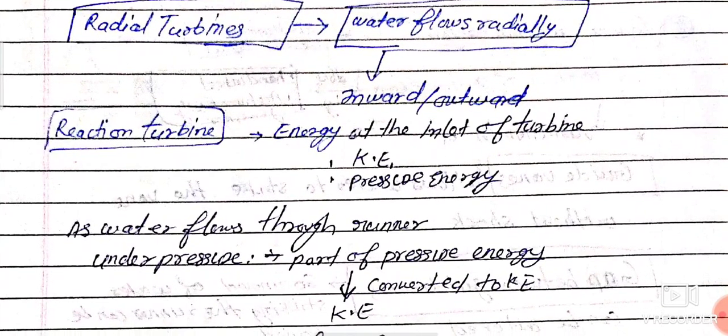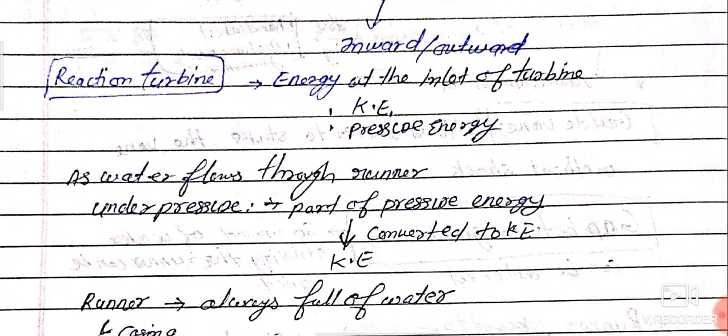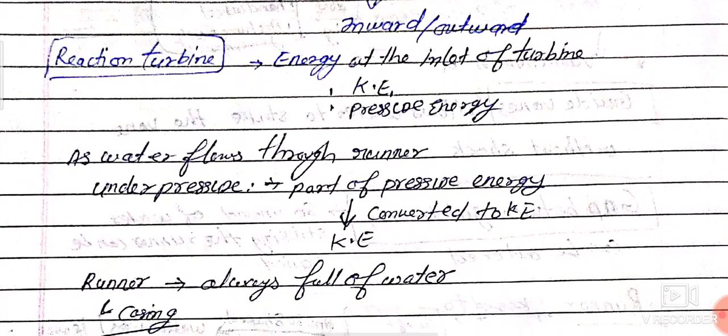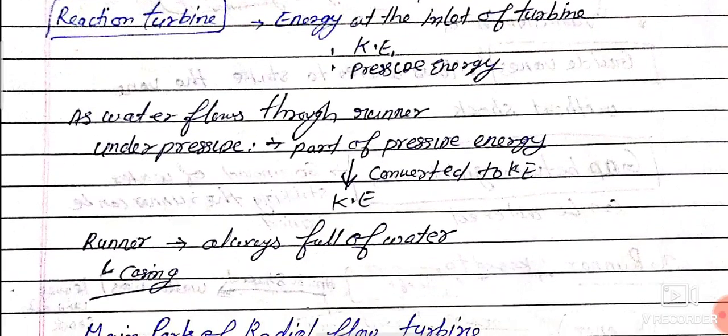As water flows through the runner under pressure, part of the pressure energy is converted to kinetic energy. The runner is always full of water, and so is the casing.